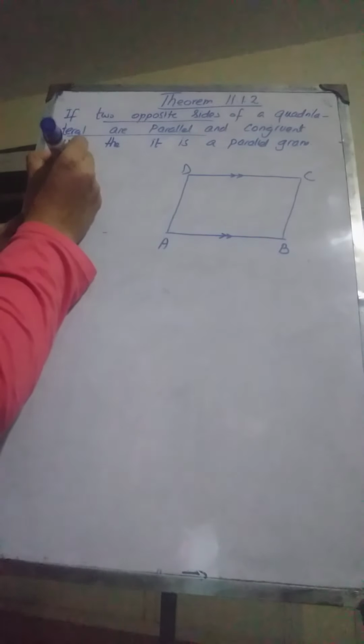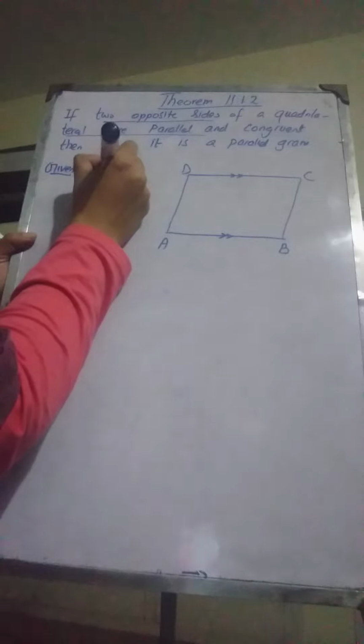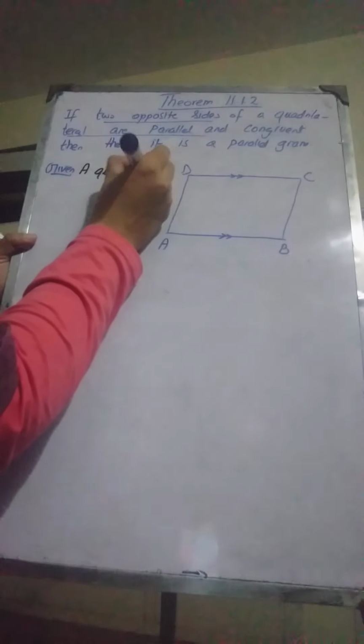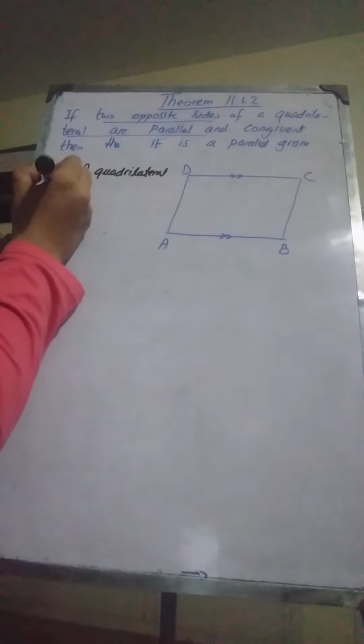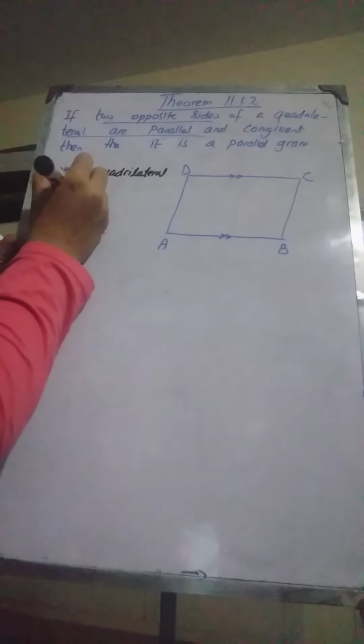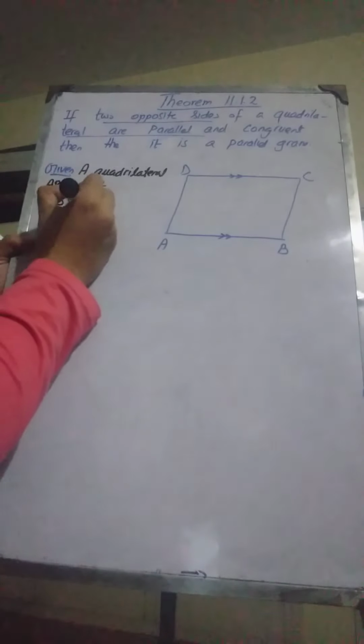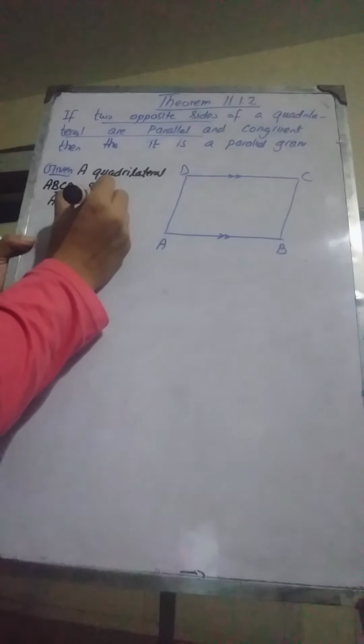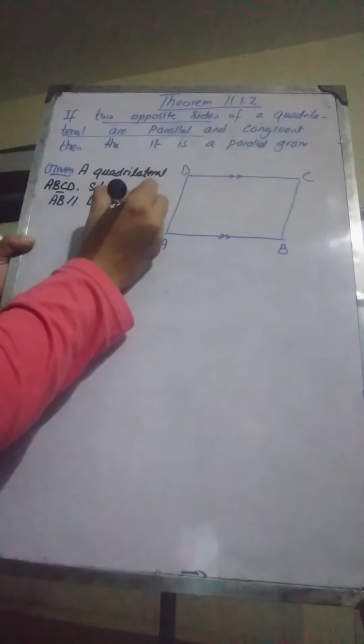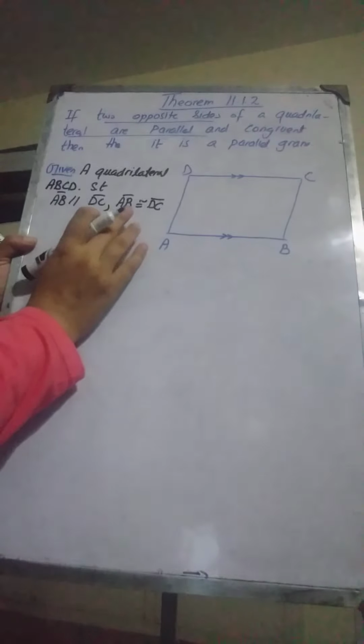This is what we need to prove, and we are given that you have a quadrilateral ABCD, such that AB is parallel to DC and AB is also congruent to DC. This is what they have given to us.